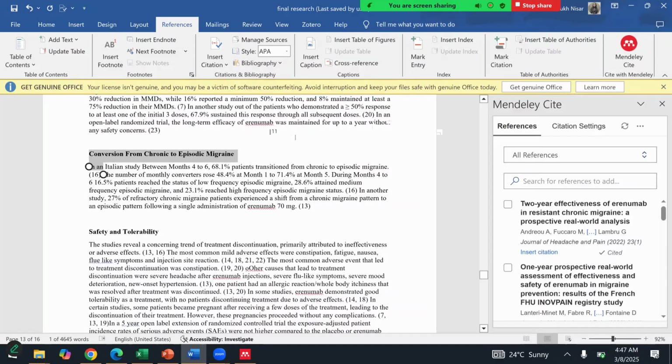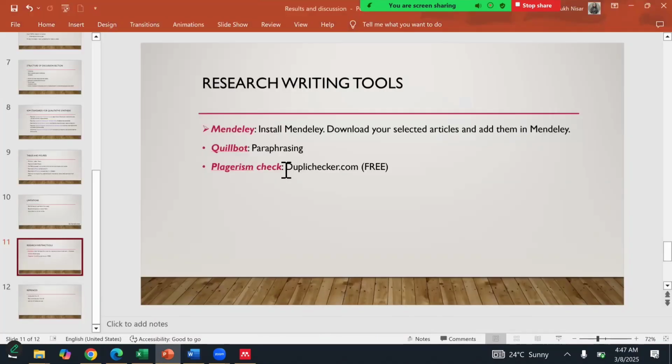There are many paid plagiarism tools. You can also check it free. There is a site that is called duplichecker.com.